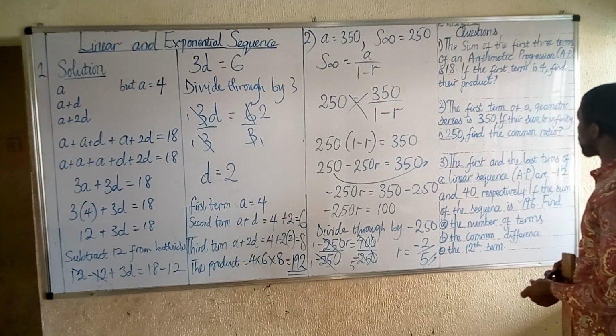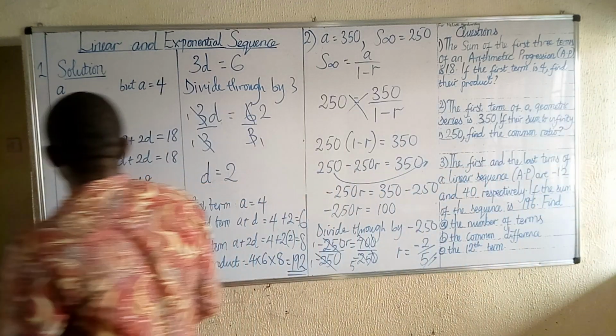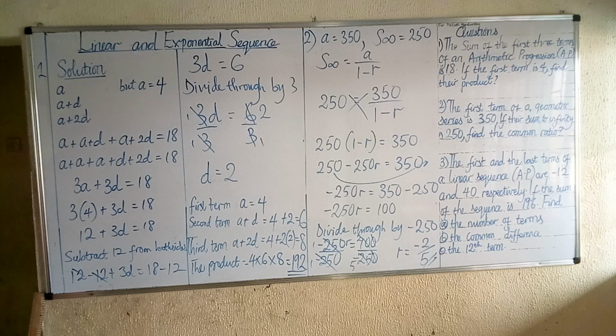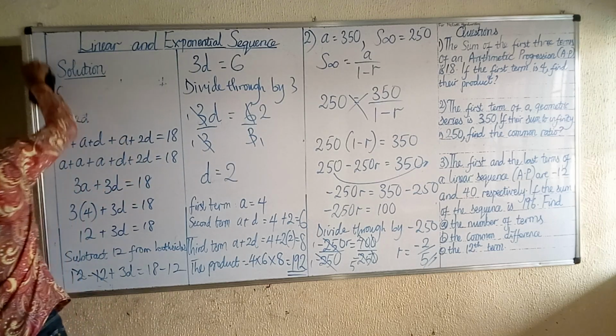Next question is question number 3. I'm going to erase this part of the board to solve question number 3. Okay, it goes thus. So let us erase here and solve question 3.